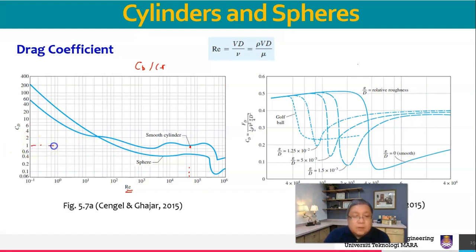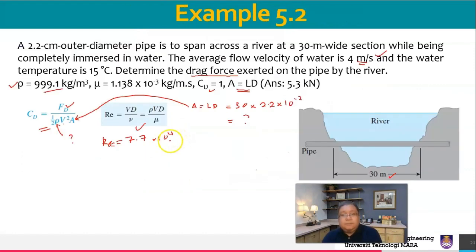And if you extend this, it becomes exactly on the line, so that is the answer. That is why it is 1. So it's not really easily assumed as 1, it's not as easy as that. But just to save time, we just end up with this value.